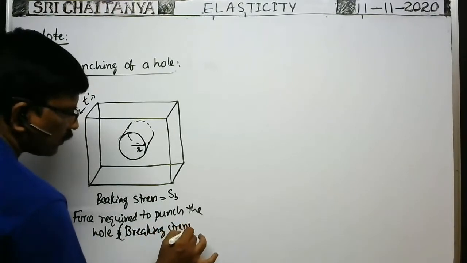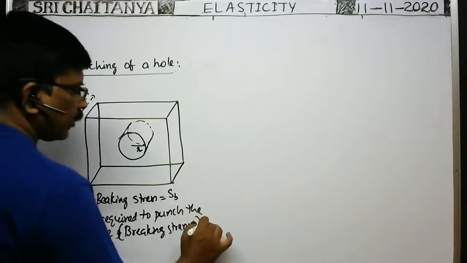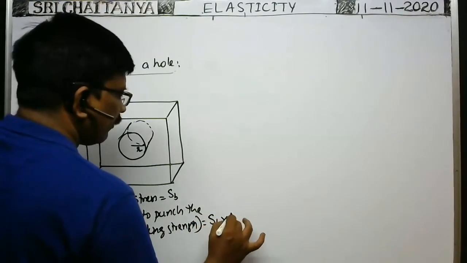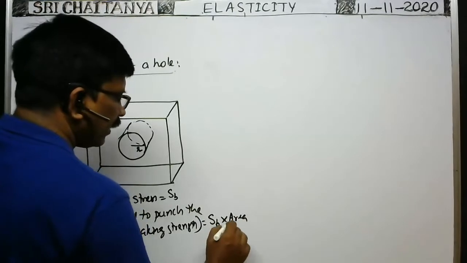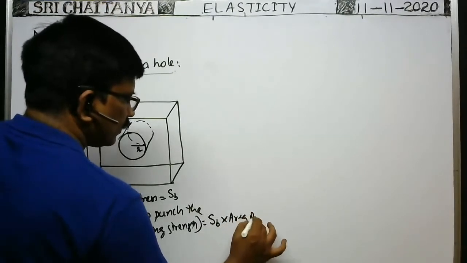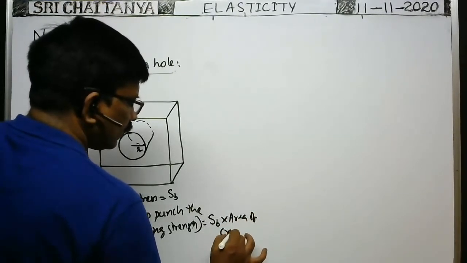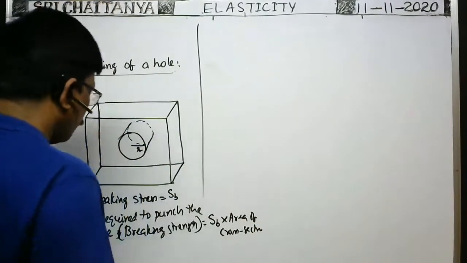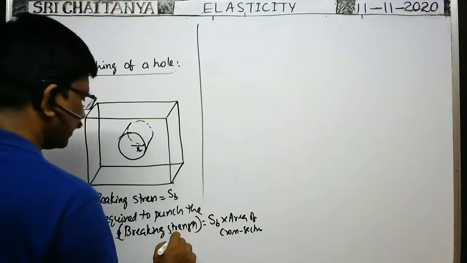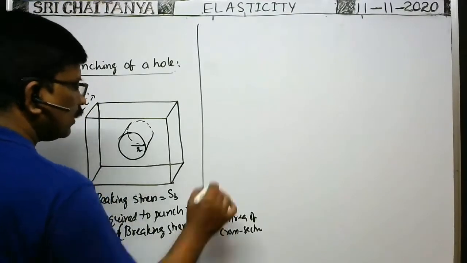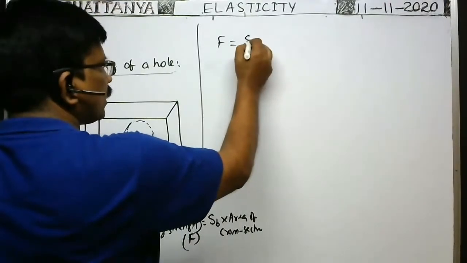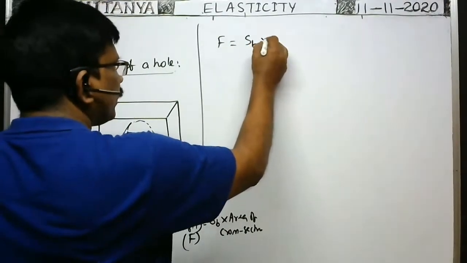Breaking strength F is equal to breaking stress SB into area of cross section. Breaking stress SB is fixed.